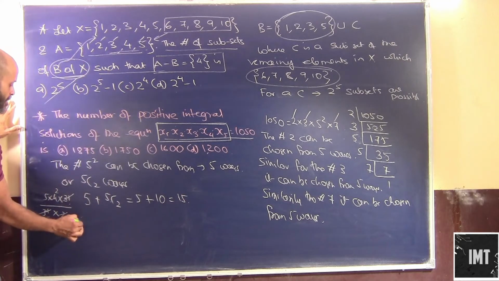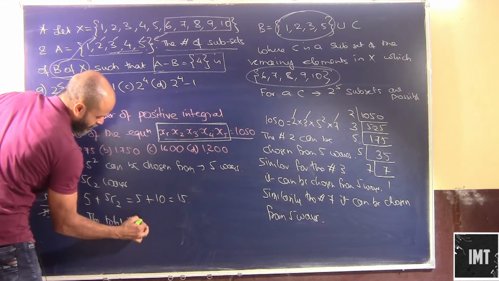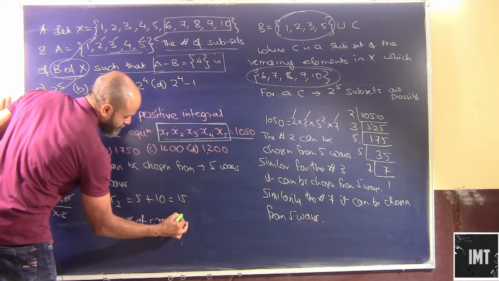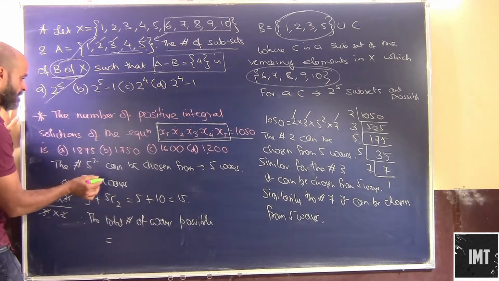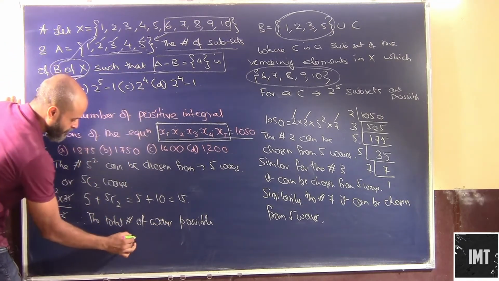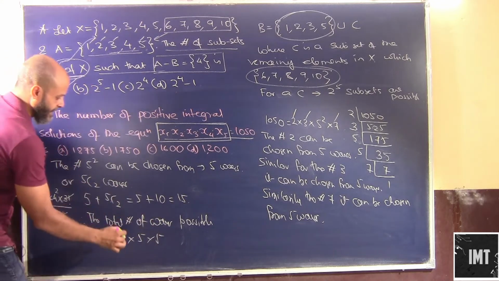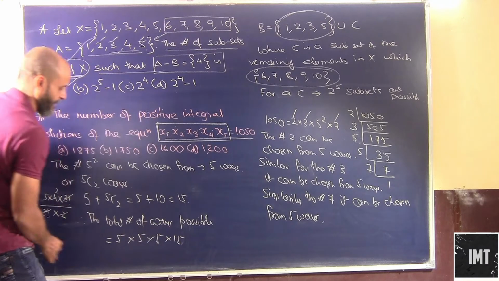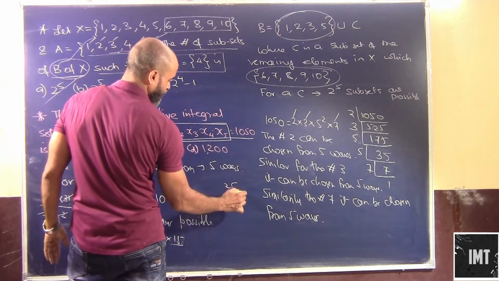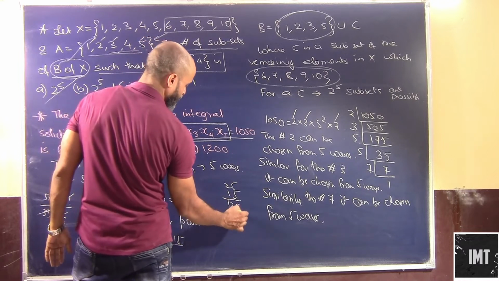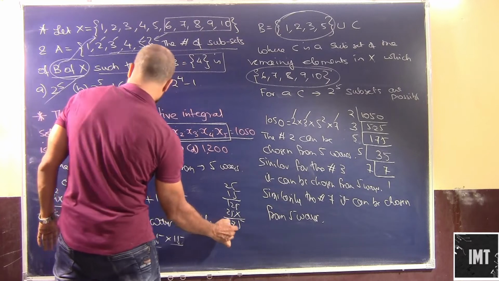Therefore the total number of ways possible will be equal to 5 for 2, 5 for 3, 5 for 7 and 15 for 5. So this will be 25 into 15.